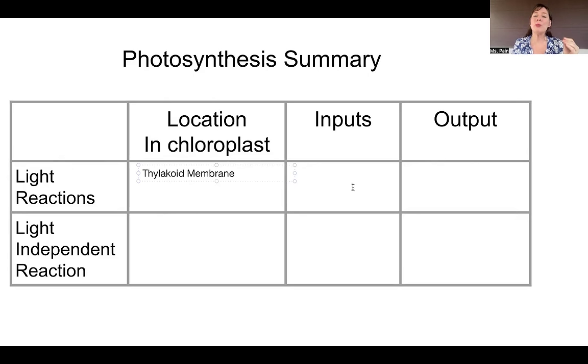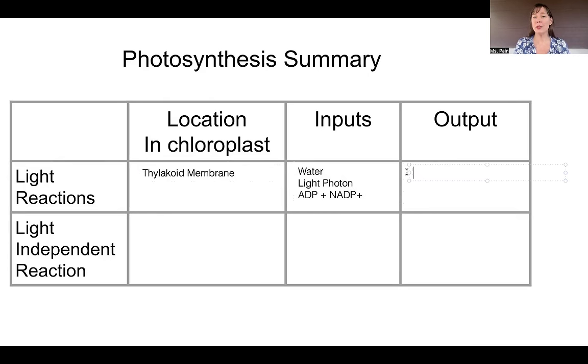Okay, what gets put into the light reactions? Well, it's water, it's light photons, and if we want to be really picky, it's the used up ADP and the NADP plus that was from the last light independent reaction.